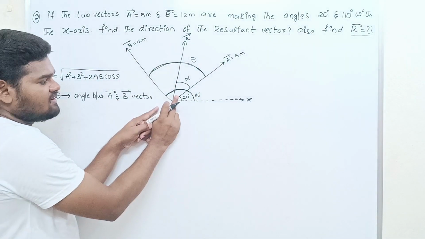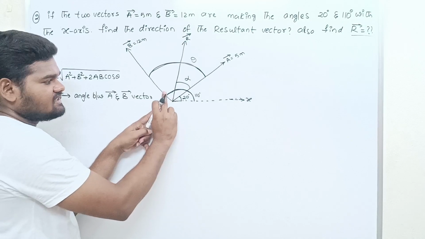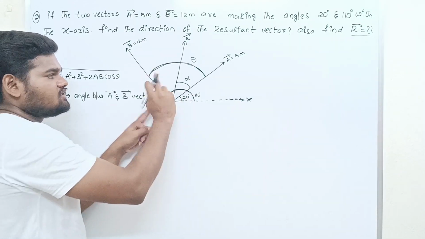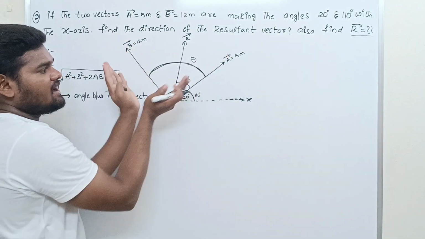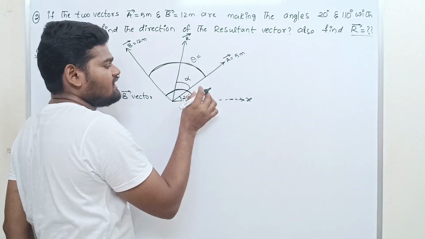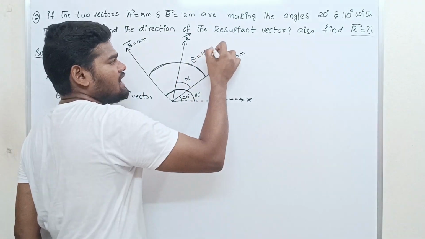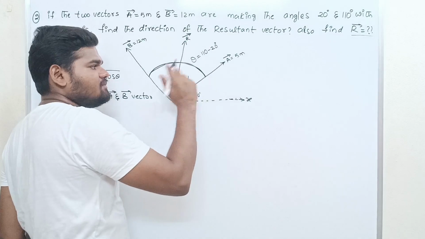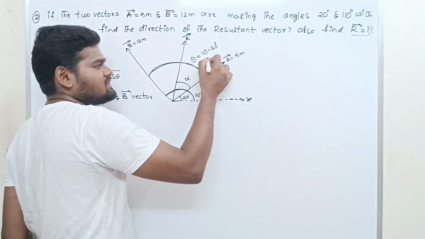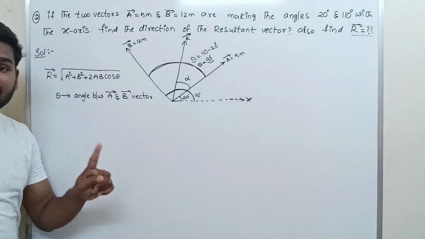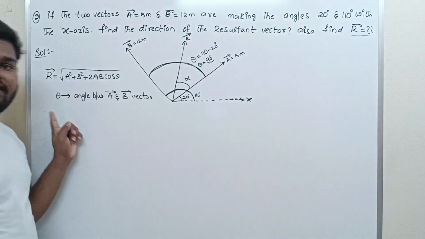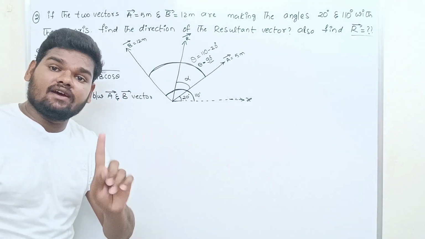From here to here is 20 degrees, and the total angle is 110. So if you want only the angle between A bar and B bar, just take 110 minus 20 degrees. Then the angle between A bar and B bar is 90 degrees. Are you getting it? So theta is nothing but the angle between the A bar and B bar vectors.